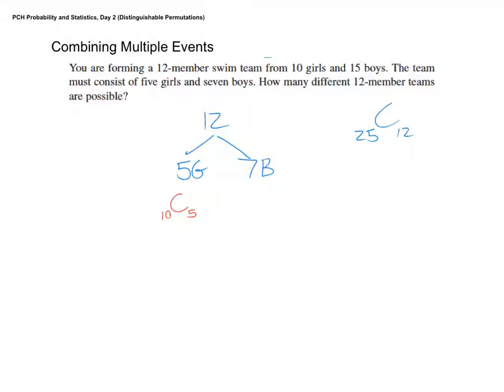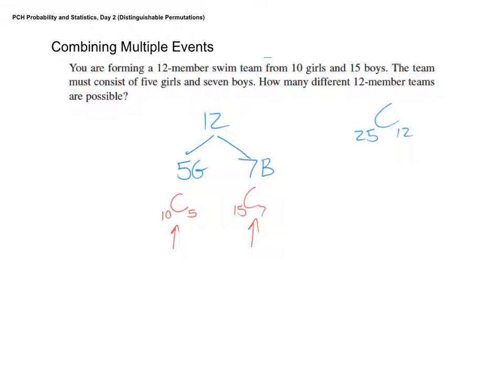How would we figure out how many ways we could get 7 boys? 15 choose 7. Yeah. 15 choose 7. So, now I have the number of ways I could get 5 girls. I have the number of ways I could get 7 boys.